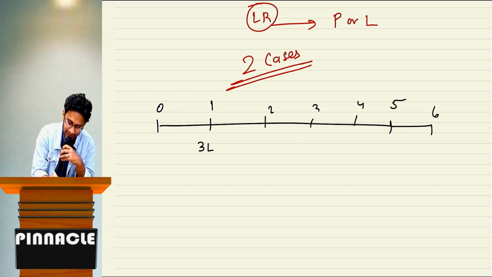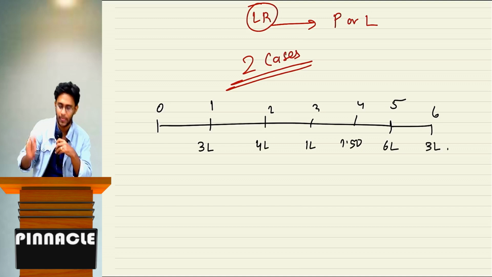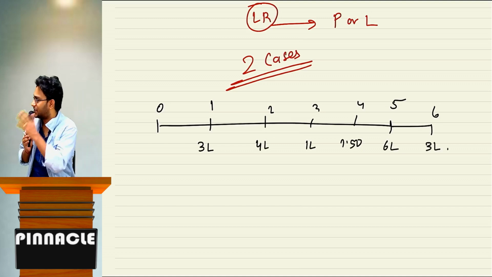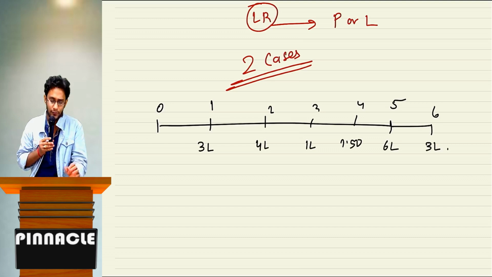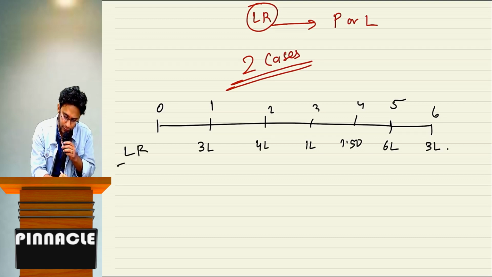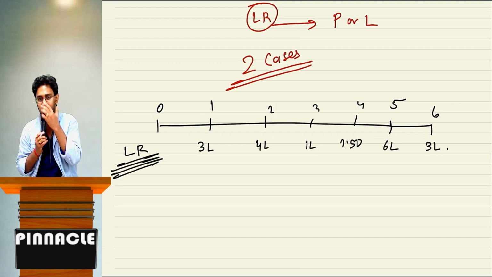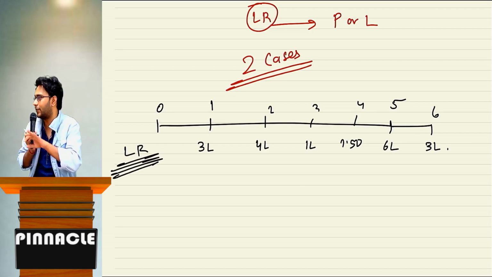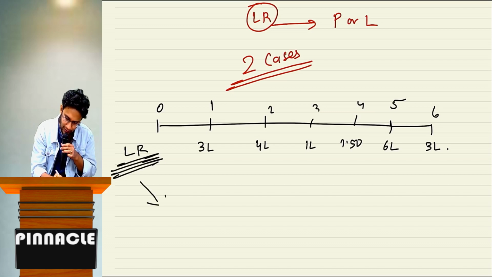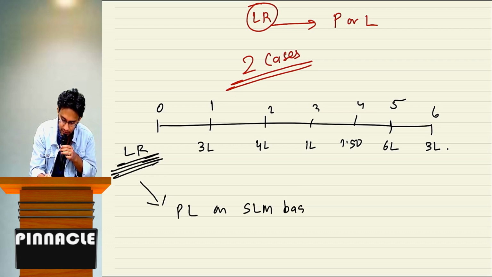I have to pay rents like this: 3 lakhs, 4 lakhs, 1 lakh, 1.5 lakhs, 6 lakhs, 3 lakhs for the next 6 months. I want to throw the lease rents off into the P&L account. But the standard says lease rents will go to the P&L account not as what is payable, but on an SLM basis.